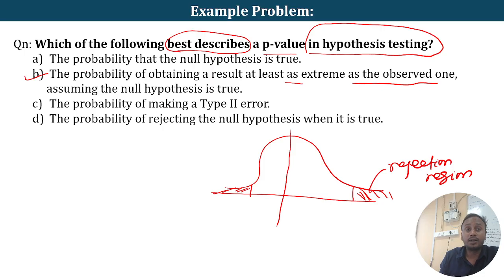And why can't it be the first option, the probability that the null hypothesis is true? No, we do not assign a probability to the null hypothesis, so that statement is wrong. Probability of making a Type 2 error?